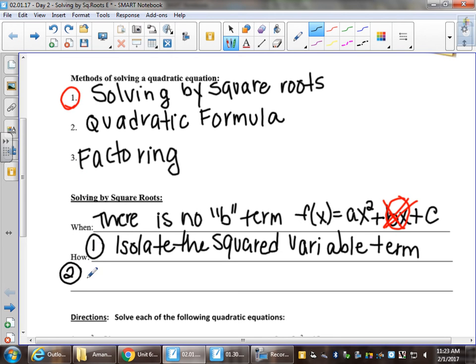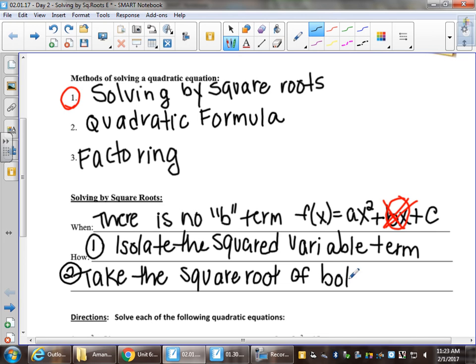Isolate means get it by itself. The second step, take the square root of both sides of the equation.